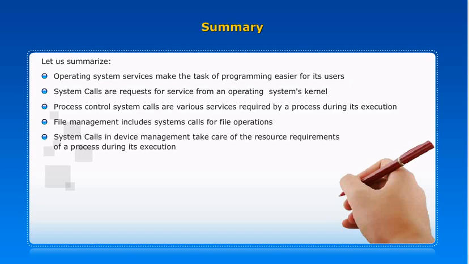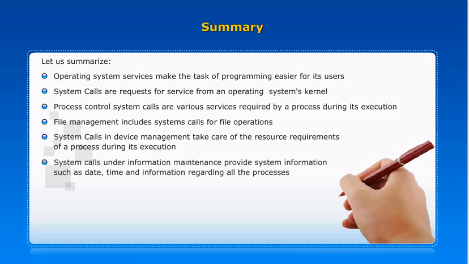System calls in device management take care of the resource requirements of a process during its execution. The system calls under information maintenance provide system information such as date, time, and information regarding all the processes. Communication system calls are used for process communication.